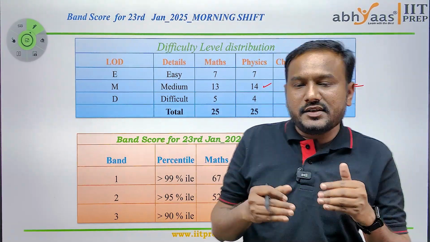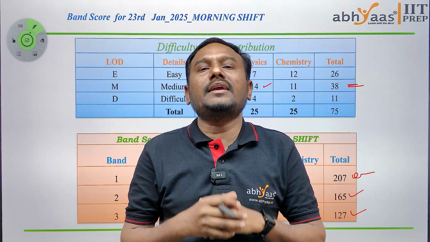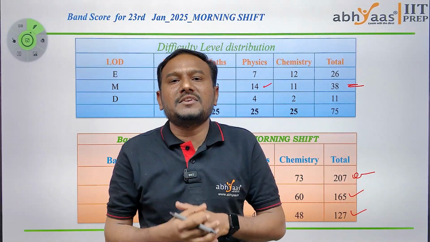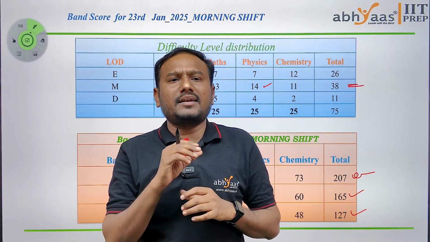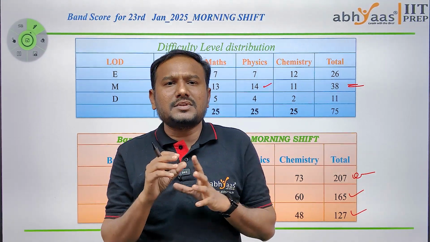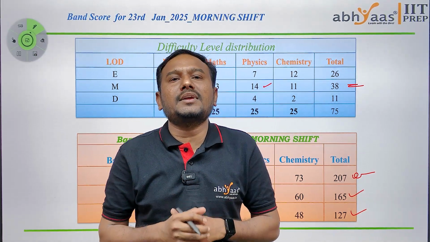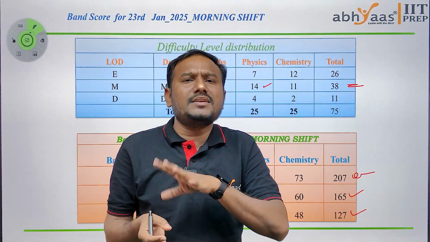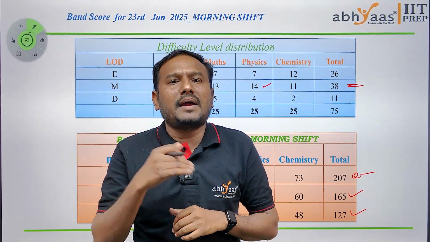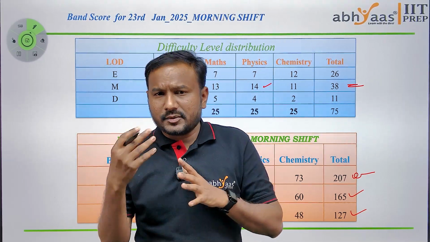If you observe the overall analysis of the paper, we can understand that in physics the questions have changed from easy to moderate, which means the paper is going to be a little bit moderate. When it comes to chemistry, we have observed more easy type of questions. And in math, the questions are moderate and a little bit lengthy.